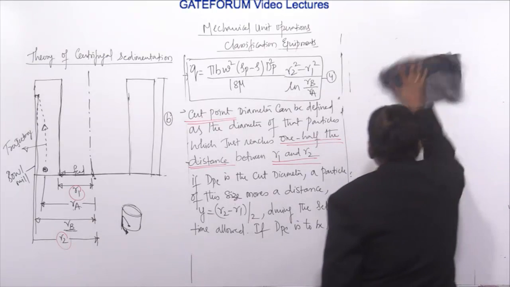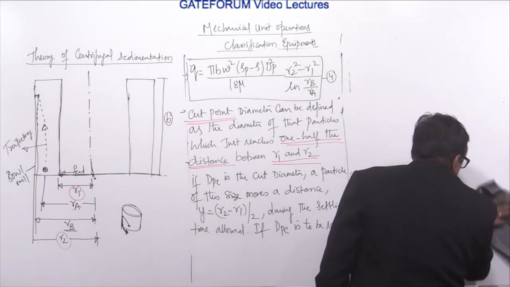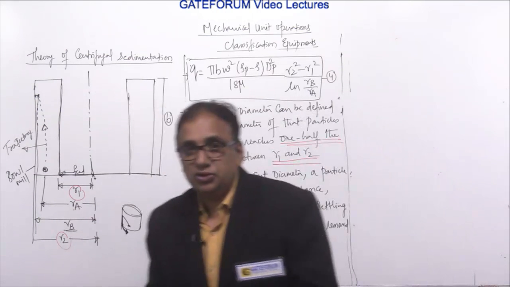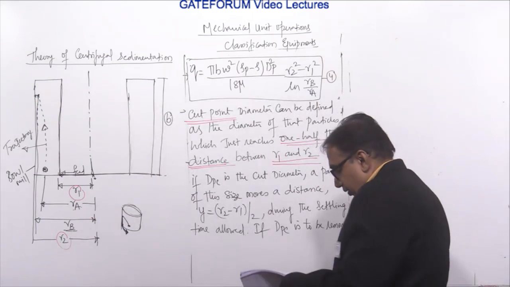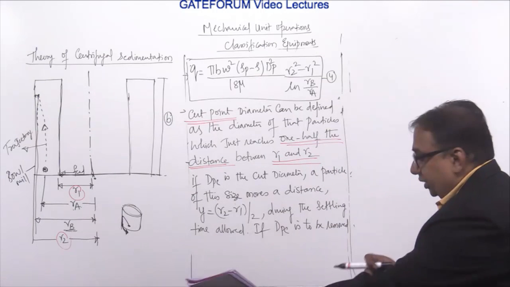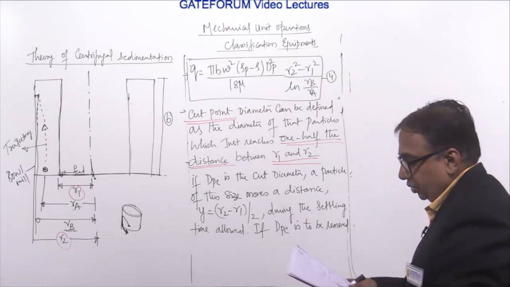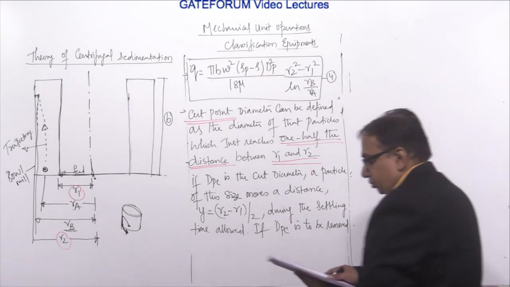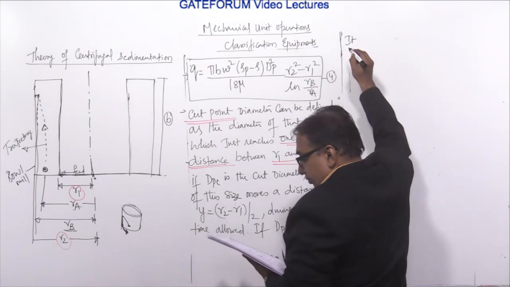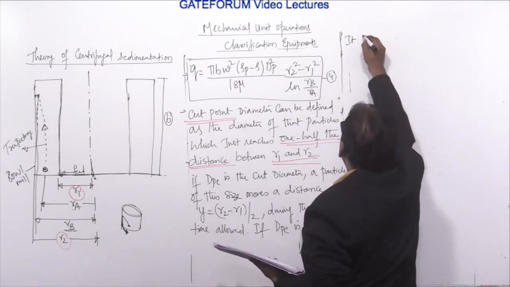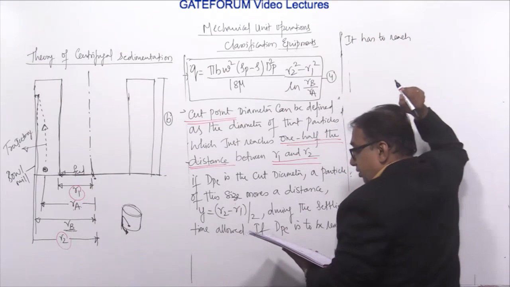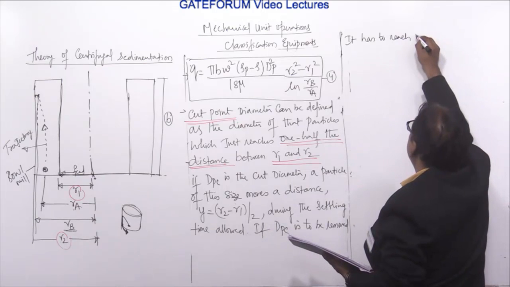Once it strikes the wall, it will be away from the centrifugal force. That's the concept. So during the settling time allowed, if dpc is to be removed, what should we do now? It has to reach the wall in the available time.